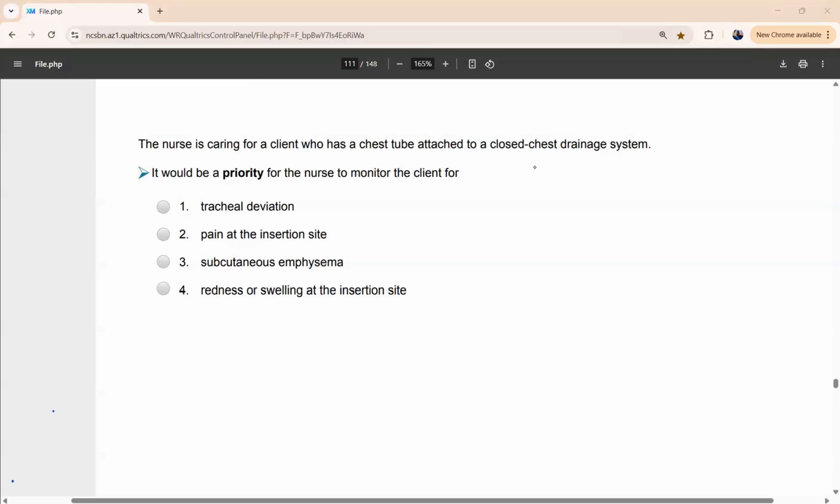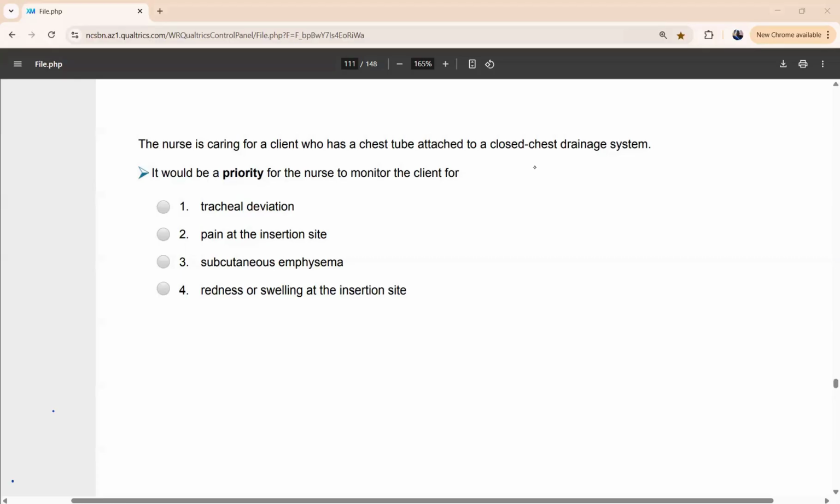One, tracheal deviation. Already this is a red flag for me because if the trachea is deviated, it can cause issues. But let me see the rest. Pain at the insertion site. Of course, we expect pain at the chest. Three, subcutaneous emphysema. That one I will eliminate.